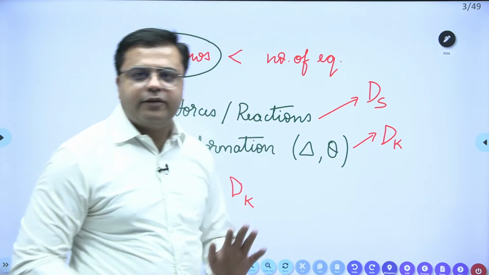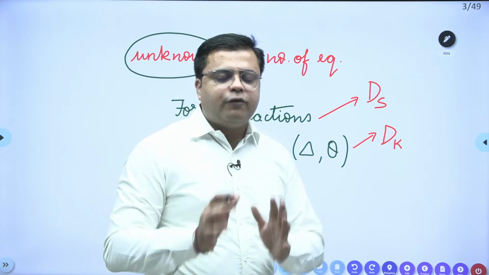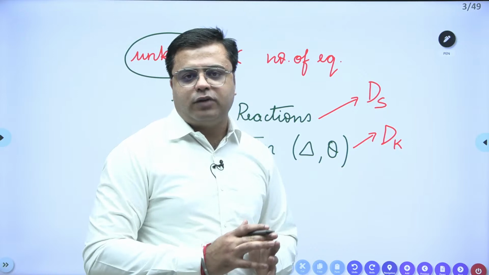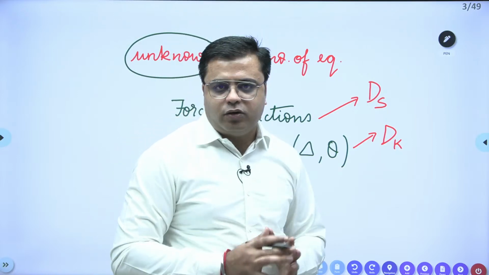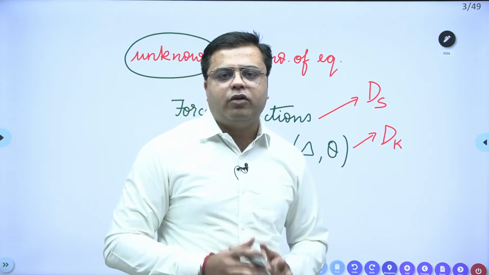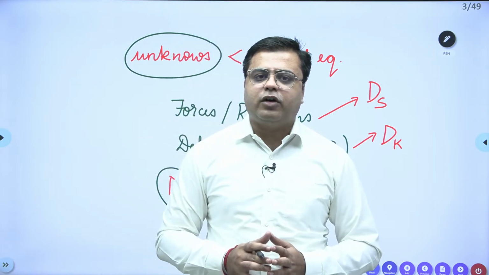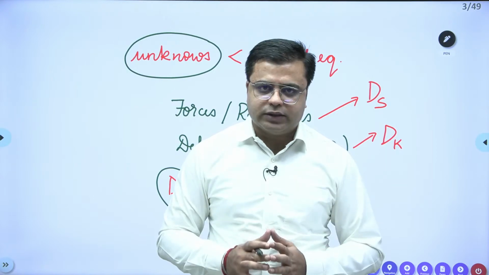Will it be okay from your side? If I have fewer unknown forces, then fewer equations will be required to determine them. And if we know the unknown forces of any structure, we can easily determine the different types of deformation occurring due to these forces, correct?